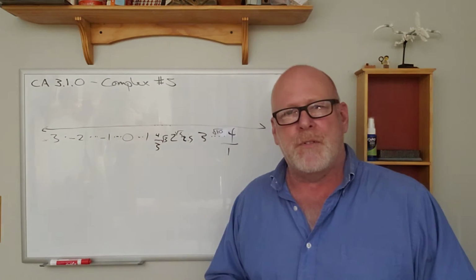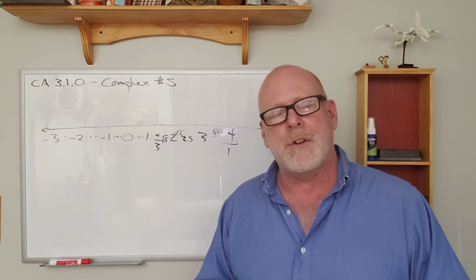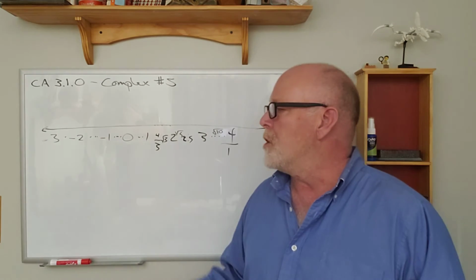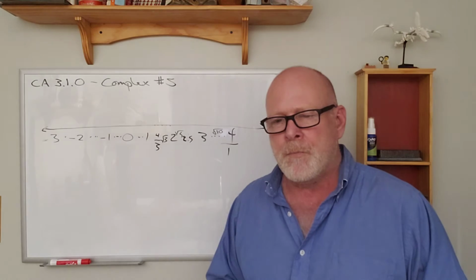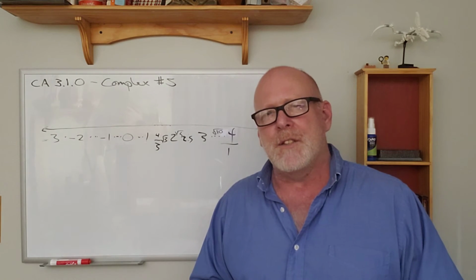And everything works beautifully except square roots of negative numbers. We still don't have closure under square root because we can't take the square root of negative numbers. So we need to invent another number. Notice I said we're inventing these, right?